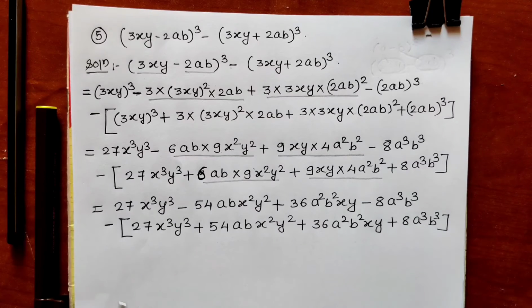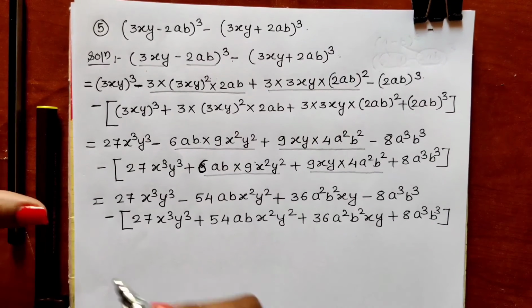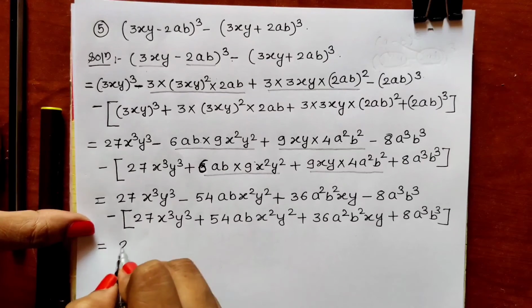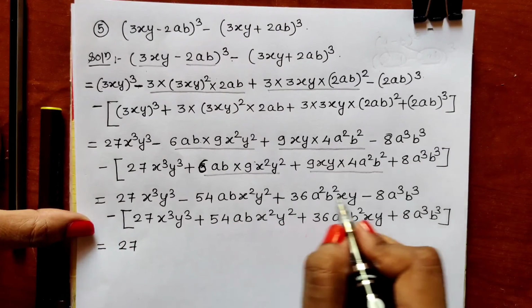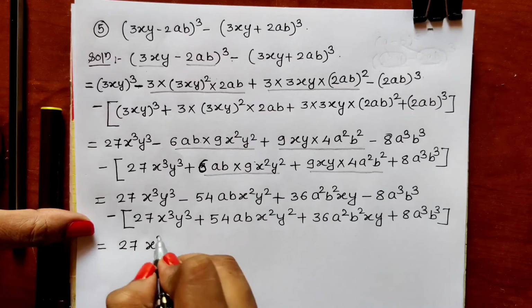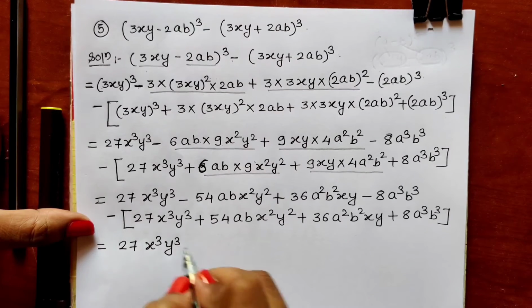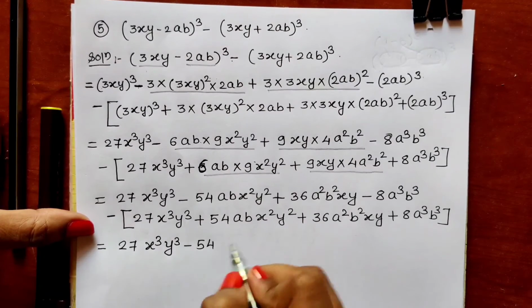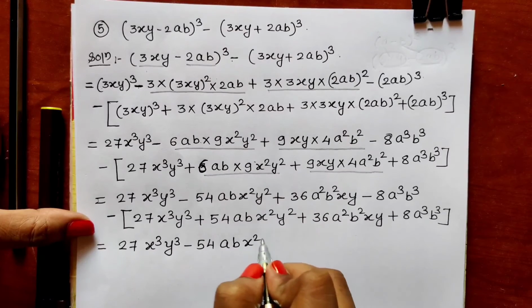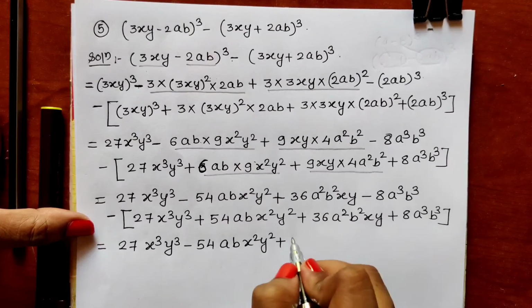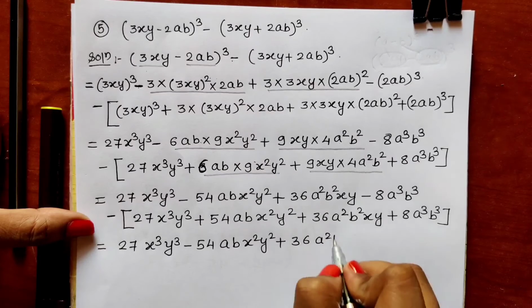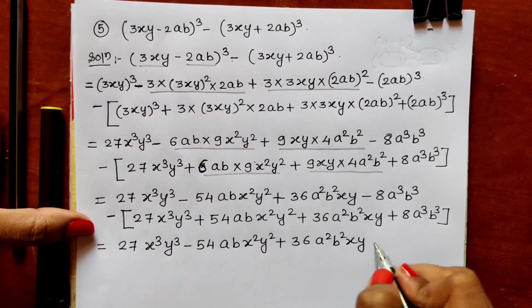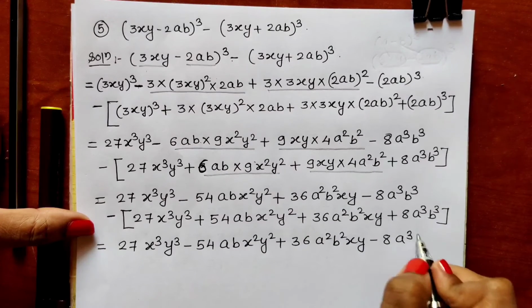Now in next step we are going to remove the bracket. So all these terms we write as it is: 54 a b x square y square, 36 a square b square xy, minus 8a cube b cube.